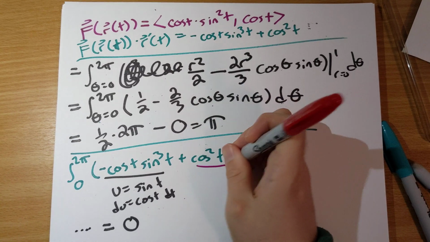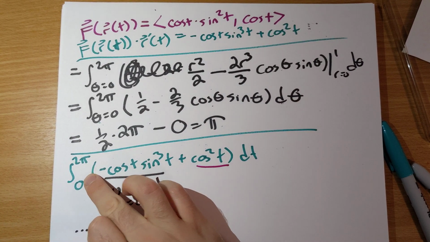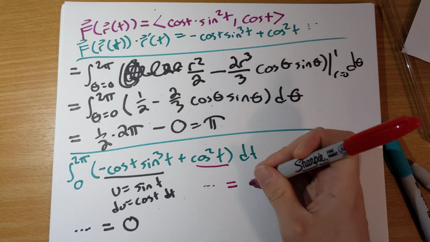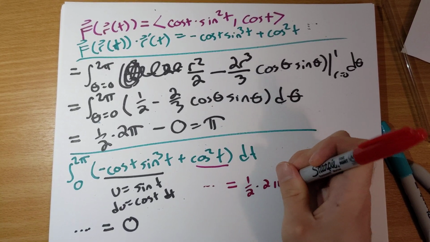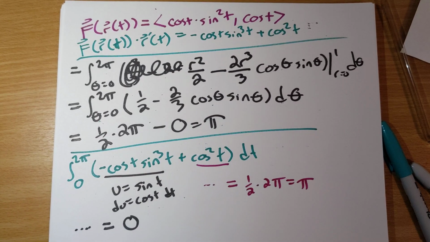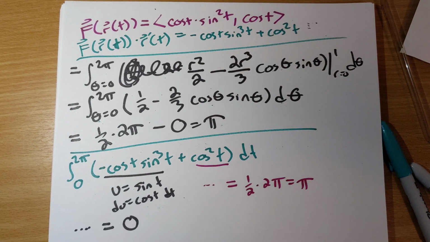And when you integrate cosine squared t, where t runs from 0 to 2 pi, this will give you 1/2 times 2 pi, which is pi. So your answer will be 0 plus pi, which is pi, just like it was before. Okay, so that's 47 with some details skimmed over, but I'm sure you can fill in the remaining details if you want to.